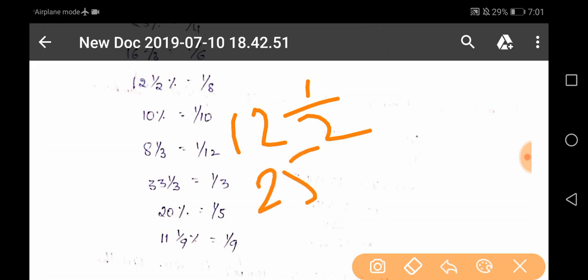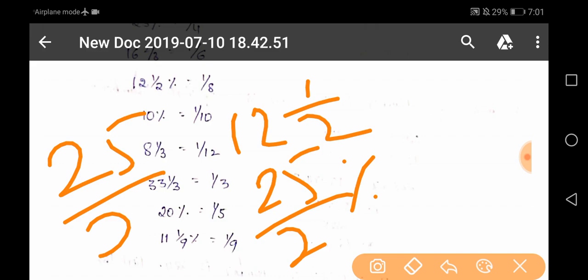See, just consider 12 1 by 2 percentage. It is a mixed fraction, so change it into a normal fraction, that is 25 by 2%. So 25 by 2 means 25 by 2 by 100, right?